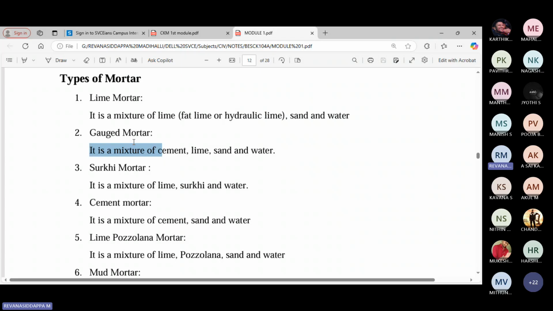So the mixture of cement, lime, sand, and water is called gauged mortar, which means the cement and the lime are gauged at some required proportions, say in a 30:70 ratio, or 20:80 ratio, or 10:90 ratio.